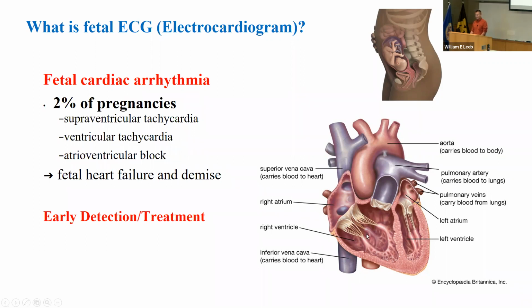These are signal blocking and abnormal signals in the atrium and ventricle of the fetal heart. This kind of arrhythmia sometimes results in fetal heart failure and the demise of the fetus. So we need a tool for early detection and treatment of fetal cardiac arrhythmia and other kinds of heart problems.